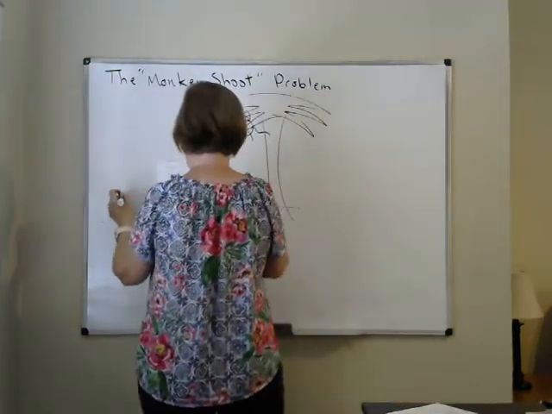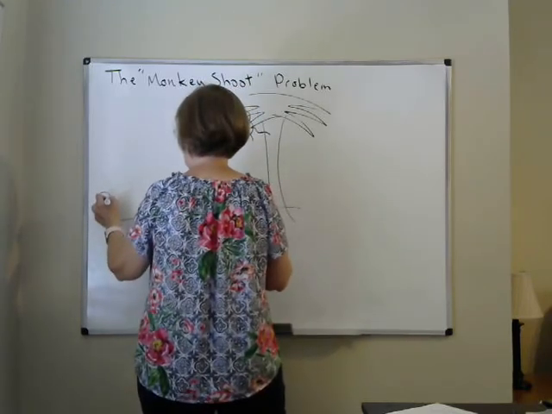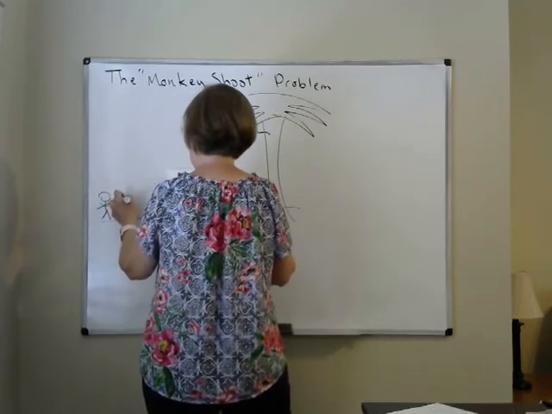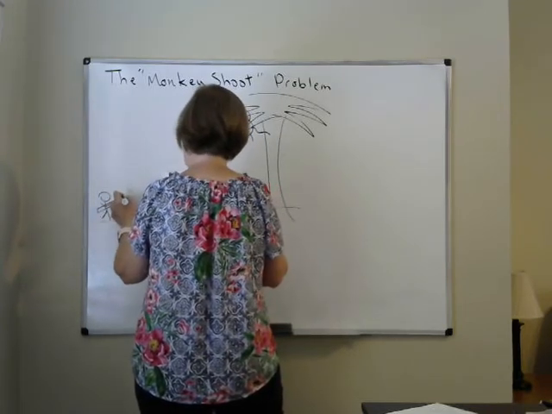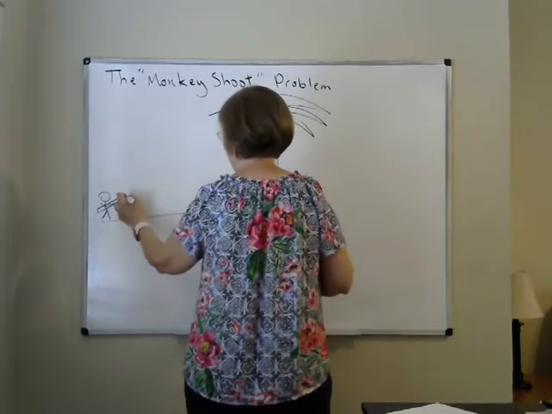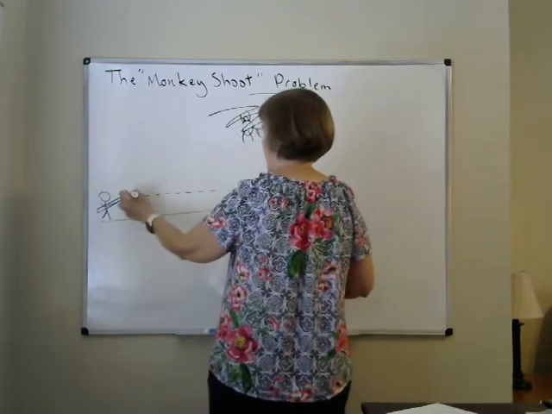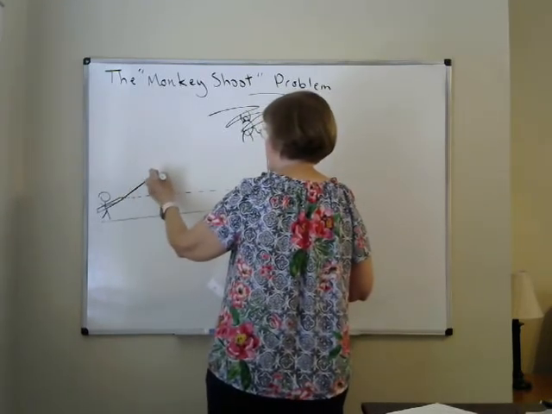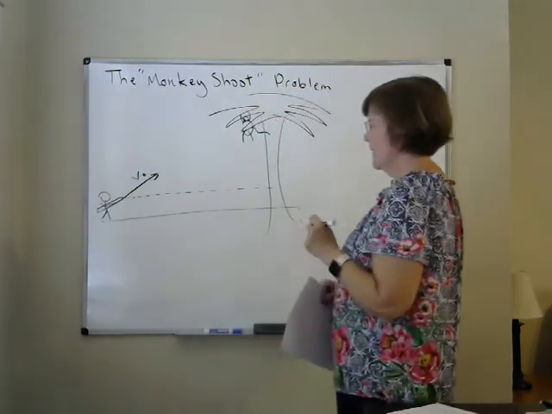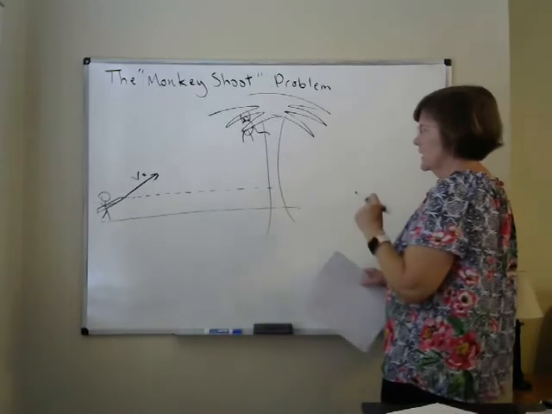Somewhere over here, I have a hunter. This hunter is holding a gun that will shoot either a banana or a bullet, depending on your sensibilities. And the question says, where should he aim?